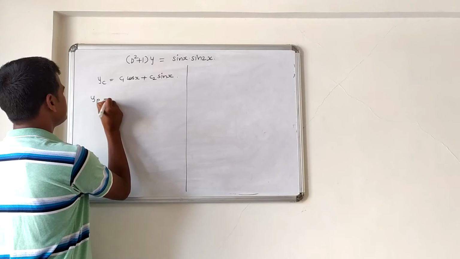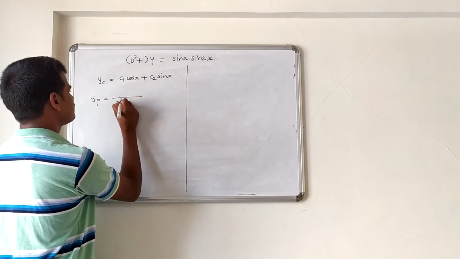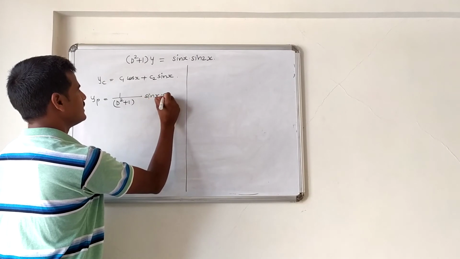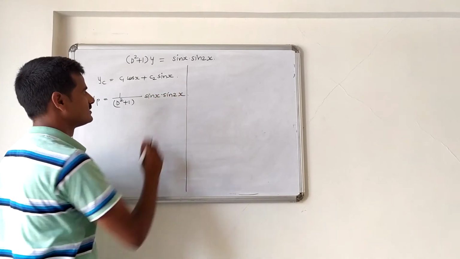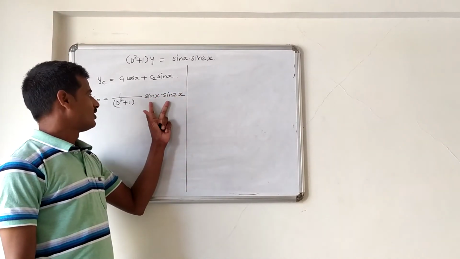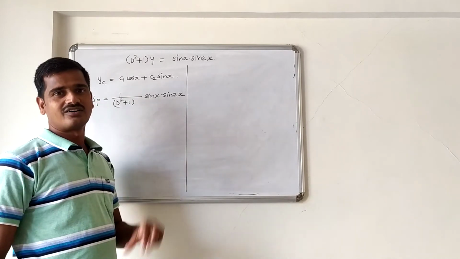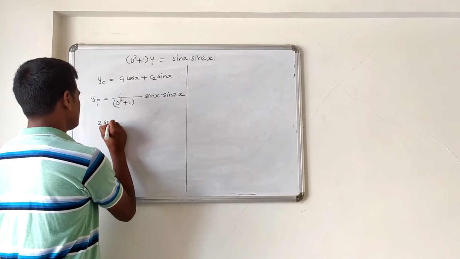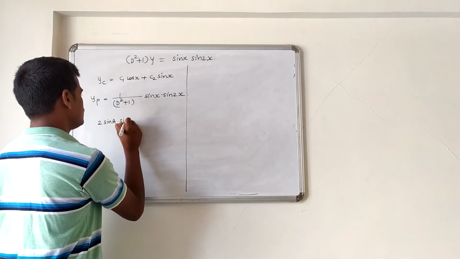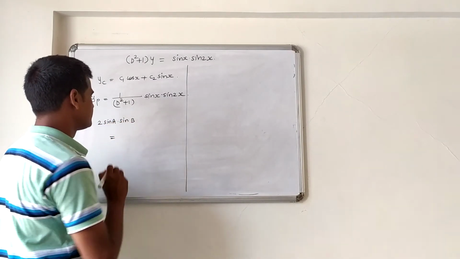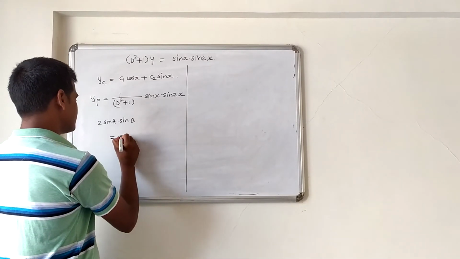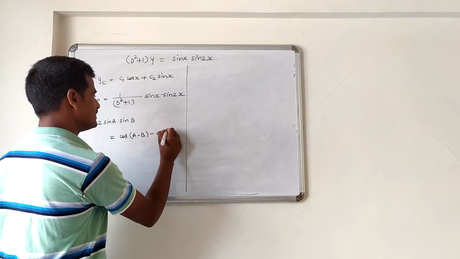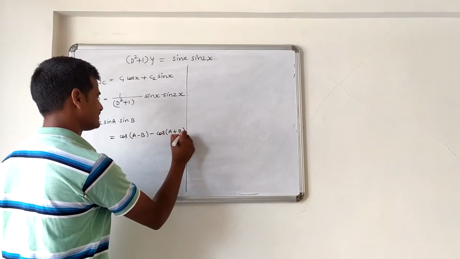So y suffix p is equal to 1 upon d square plus 1 operated on sin x into sin 2x. Now it is not in the form of sin of ax or cos of ax. So you recall this result, 2 sin a into sin b. What is the result for this? It is cos of a minus b minus cos of a plus b.